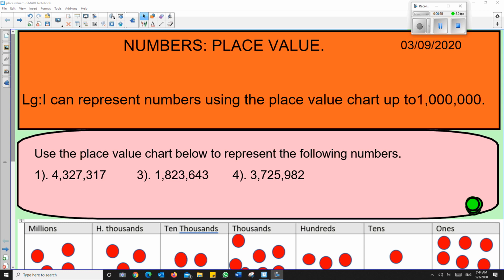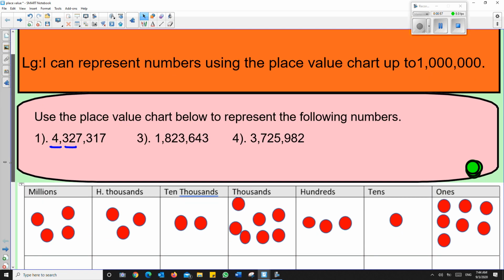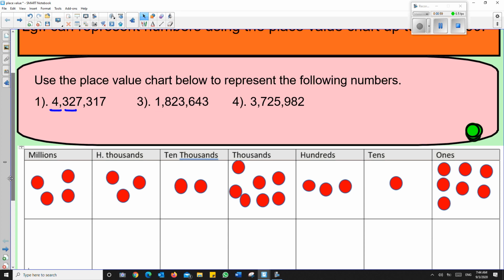For example, the first number is 4,327,317. So we are going to use counters to represent these numbers. The first one has already been represented.